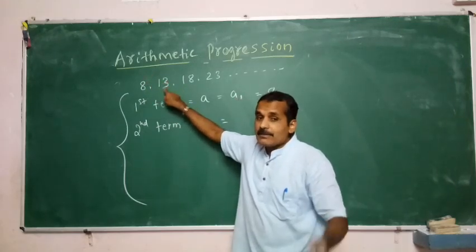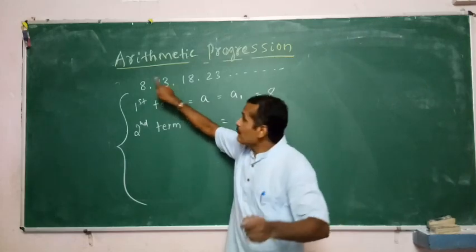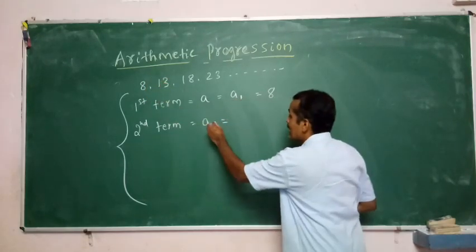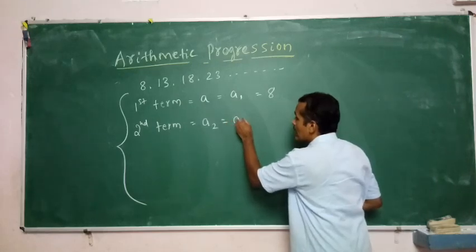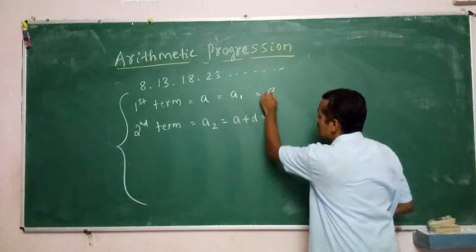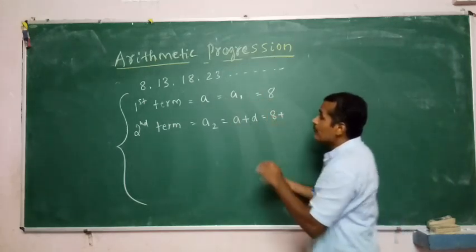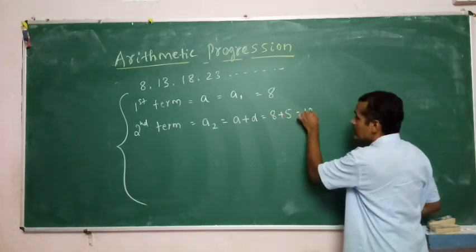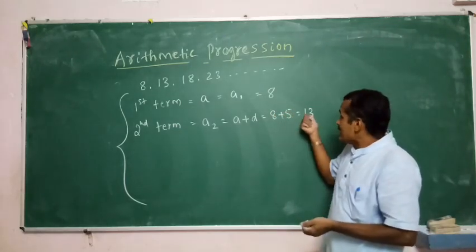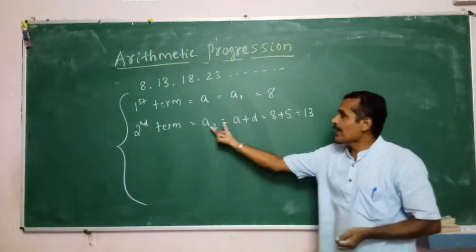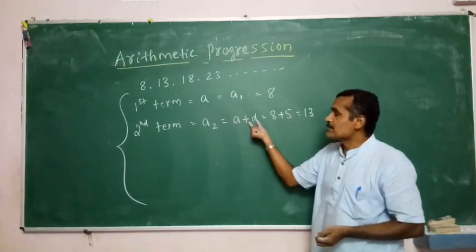That means the second term is obtained by adding the first term plus the common difference. I can say A2 is equal to A plus D, where A is 8. Common difference how much here? 5. 8 plus 5, the answer is 13. That means the second term is obtained by adding A and D. So A2 is equal to A plus D.